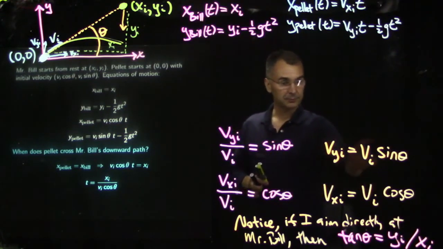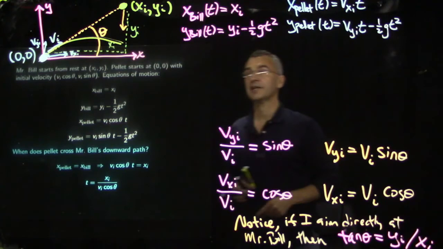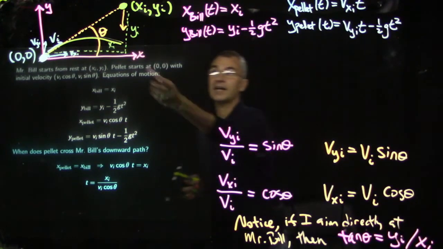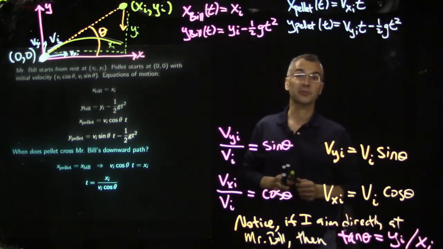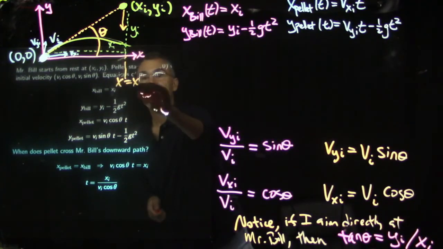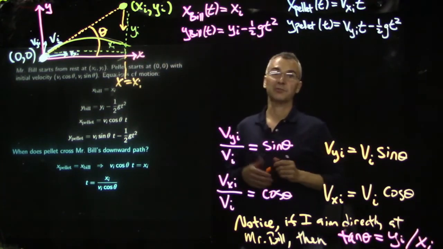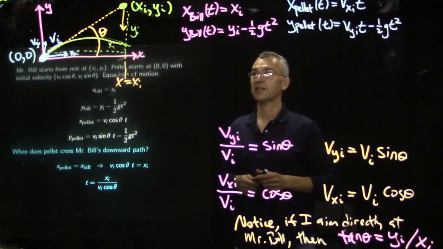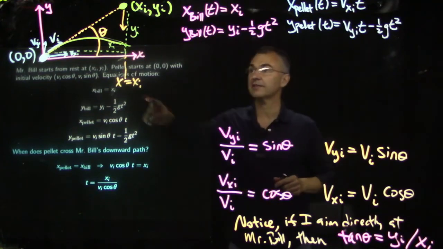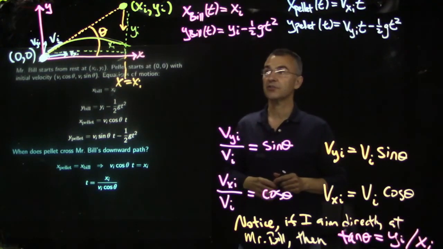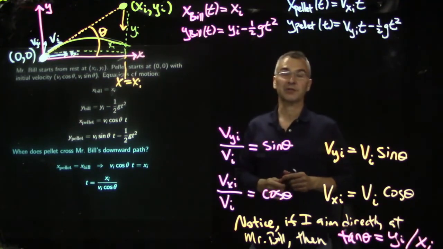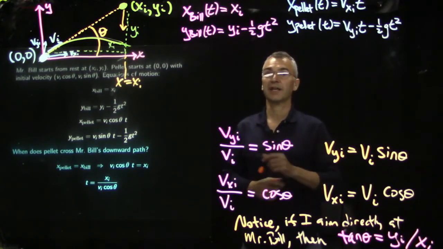And then we can plug in what we know about this angle theta, which is indicating that we're aiming at Mr. Bill. And we want to ask, will the pellet hit Mr. Bill? One way to ask that question is we have this line, x equals x initial of Mr. Bill, which is the x-coordinate Mr. Bill stays at. And at the instant when the pellet reaches that value of x, how different are the pellet's value of y and Mr. Bill's value of y? So let's see if we can figure that out.